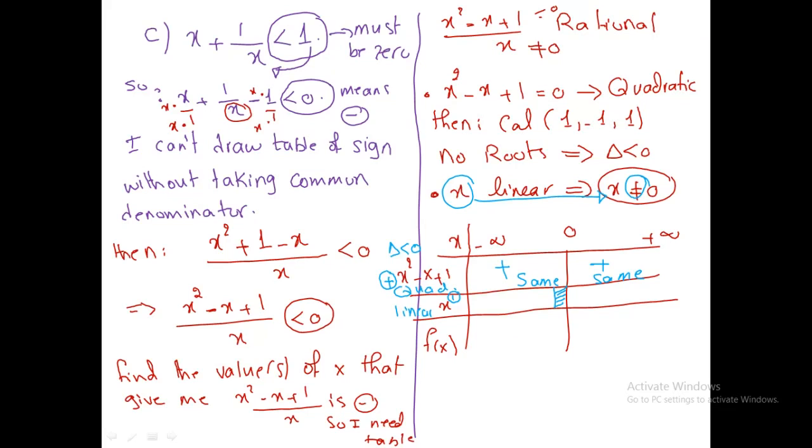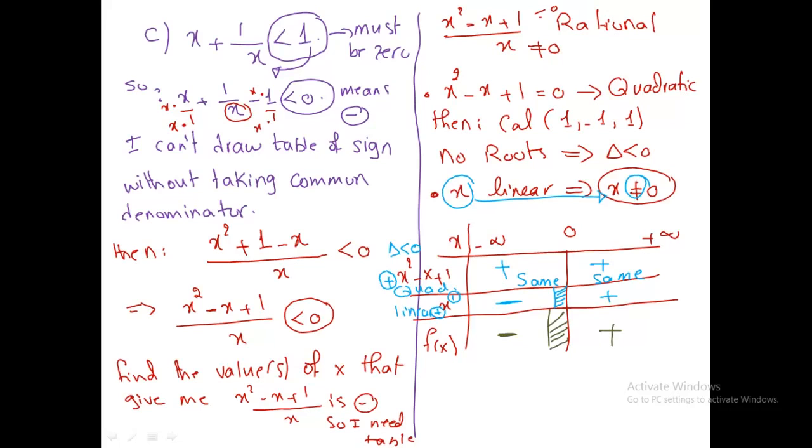The linear has one rule only: opposite of a, after the shaded will be same. Plus and minus give me minus. This is shaded plus.